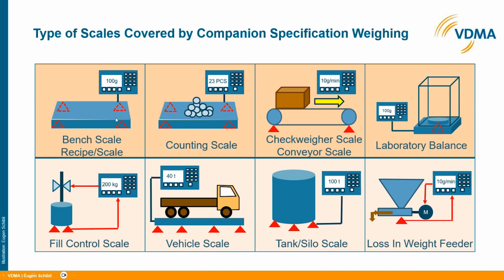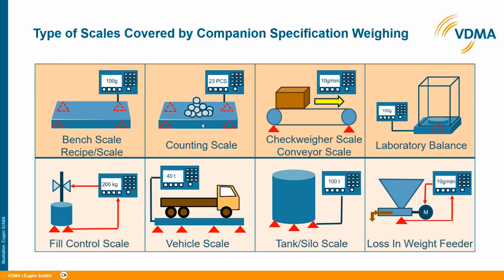Simple bench scales, which are also used for automatic recipe weighing. So we have functionalities to send recipes down to the scale or to the balance, which the balance or the scale then automatically executes until it is completed, and it reports successful completion back to the client. We also cover piece counting.